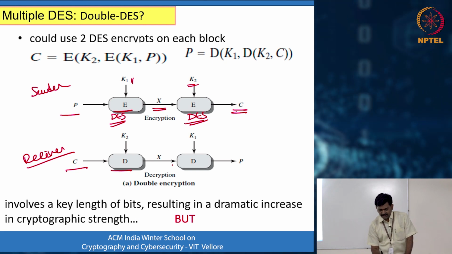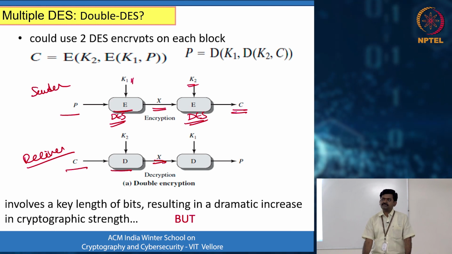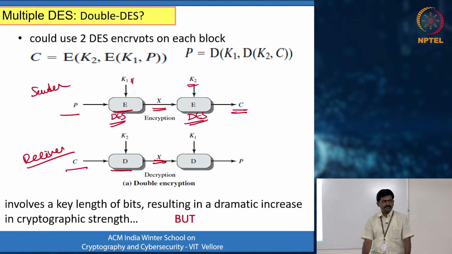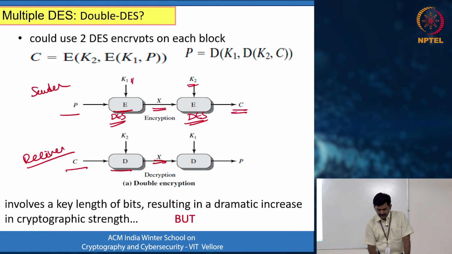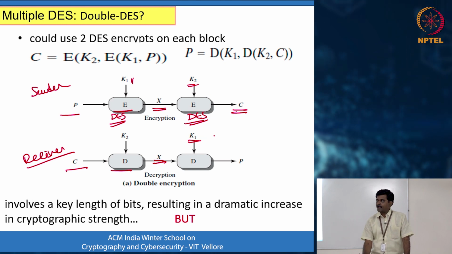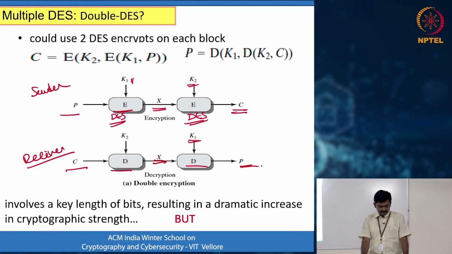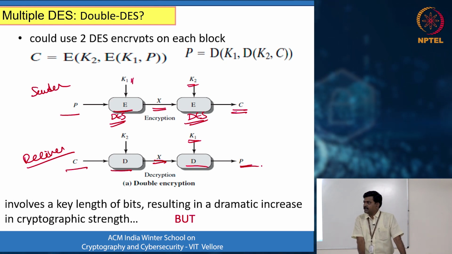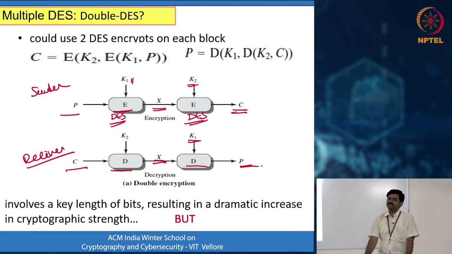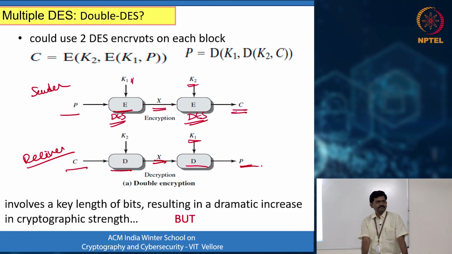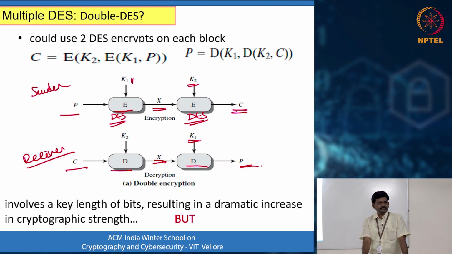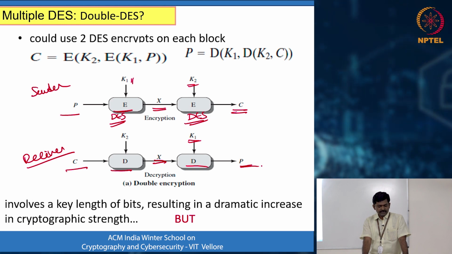What you get is the intermediate ciphertext. Then take the first key, K1, and decrypt it to get the plain text block back. So, you can increase the key space, right? So, that is double DES.